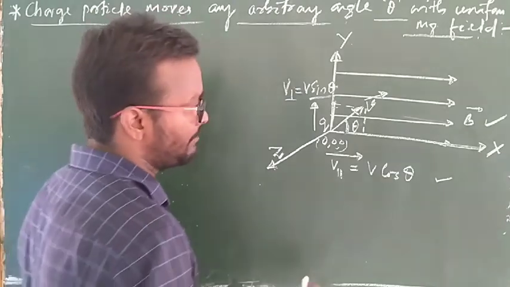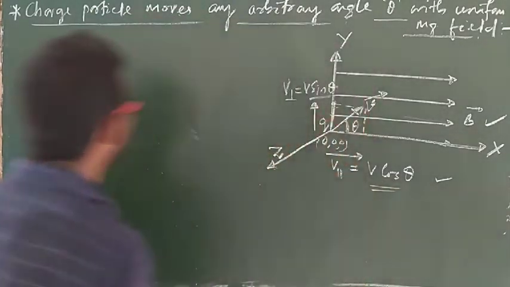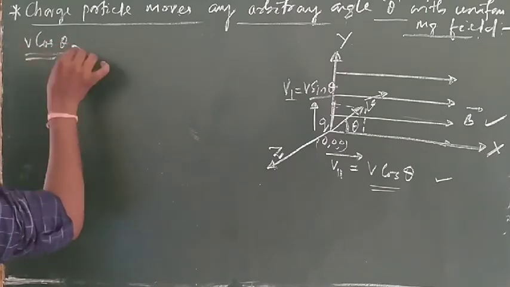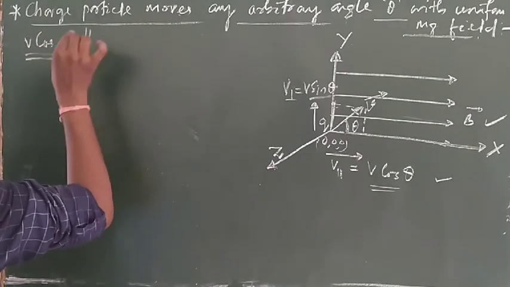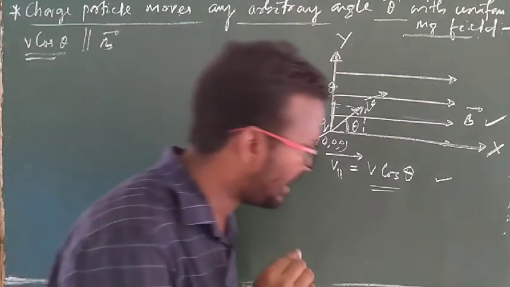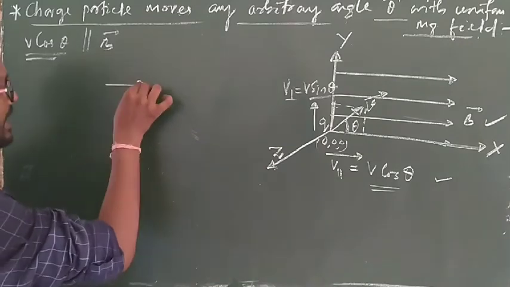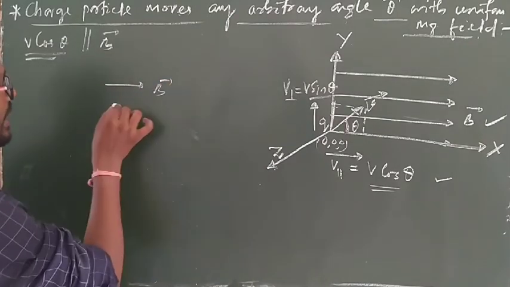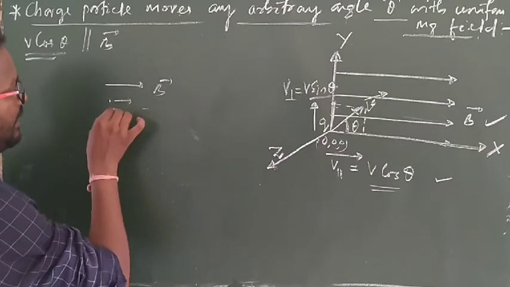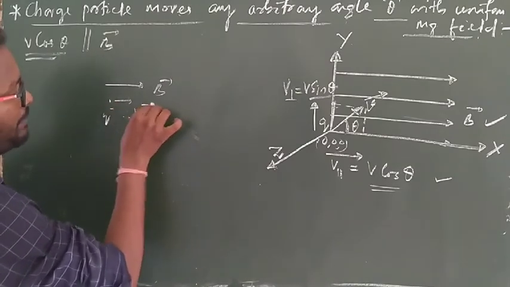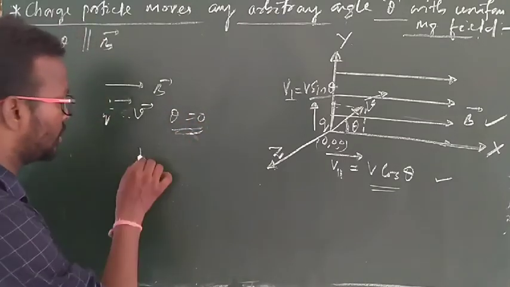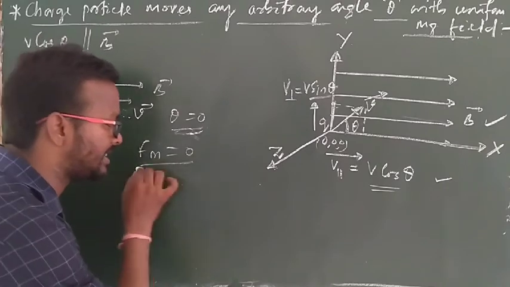If we discuss these components, first we discuss the component V cos theta, which is parallel to the direction of magnetic field. We know, if a charged particle Q is moving parallel to the direction of magnetic field, theta equal to 0, then the magnetic force experienced by the charged particle is 0.